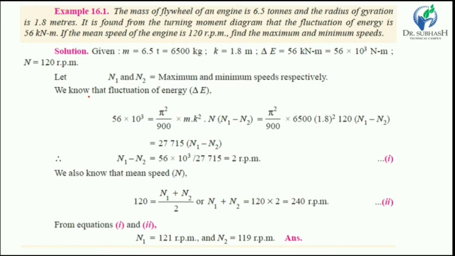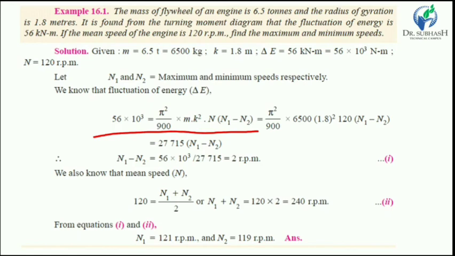So now we have the equation of fluctuation of energy for a flywheel. We have the value of mean speed, we have the value of k, and we have the value of m. So we can get the value of N1 minus N2.